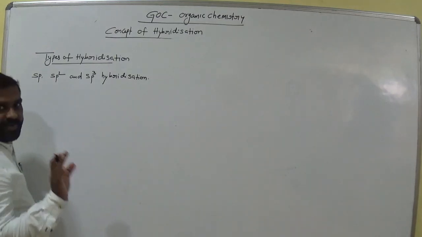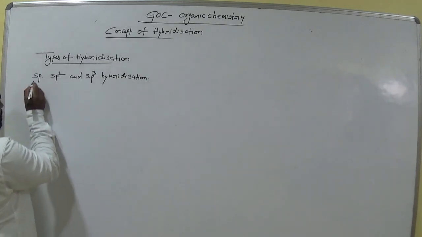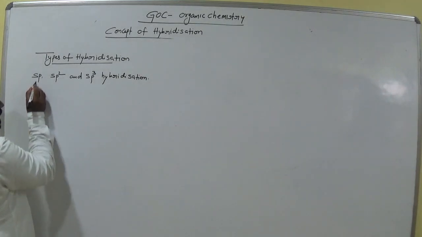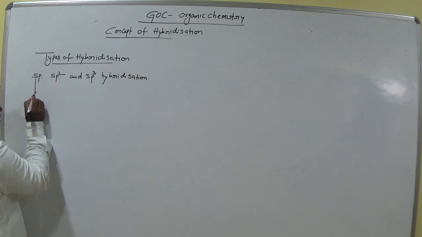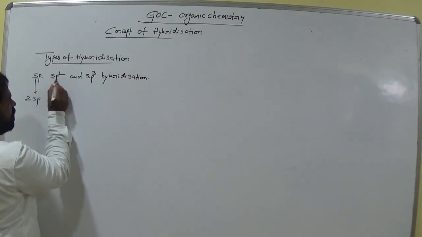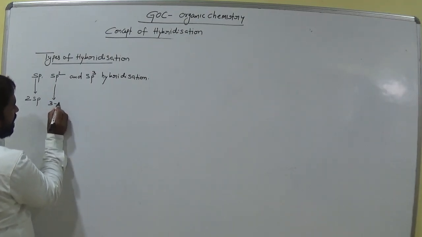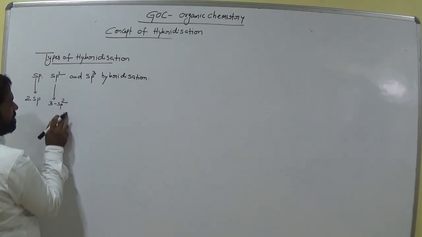So now you know the definition and the types of hybridization. If s and p undergo hybridization, how many sp hybrid orbitals do we get? 2 sp hybrid orbitals. And if one s and 2 p undergo sp2 hybridization, how many sp2 hybrid orbitals do we get? 3 sp2 hybrid orbitals.